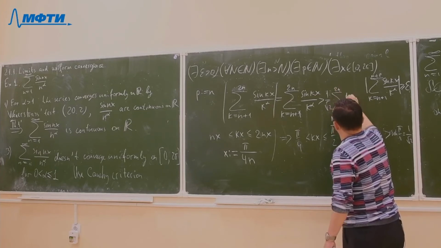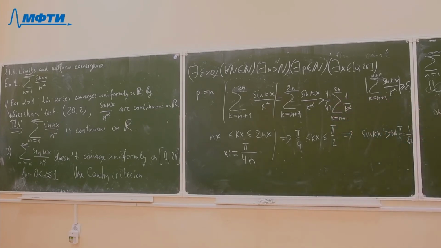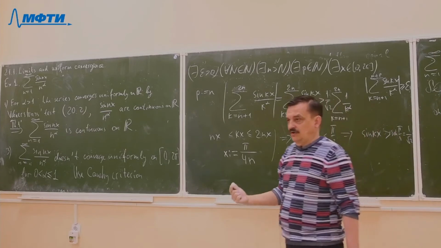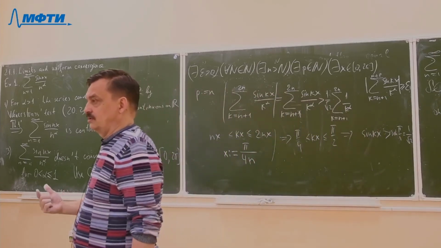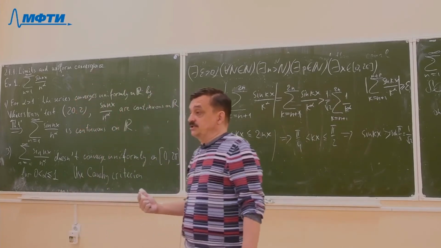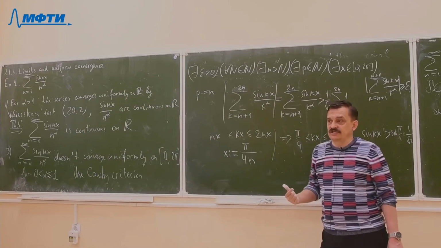Then 1 over k power alpha. Now let me estimate in that way. Look, so I want to have an estimate below. The question, we choose p equals to n because we want the sum to tend to infinity.